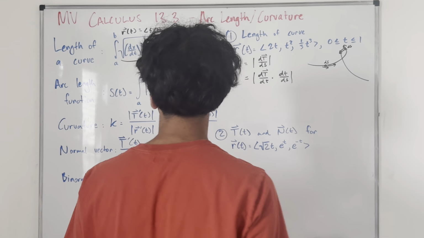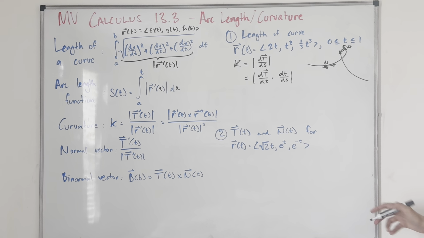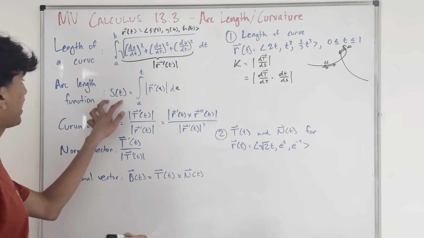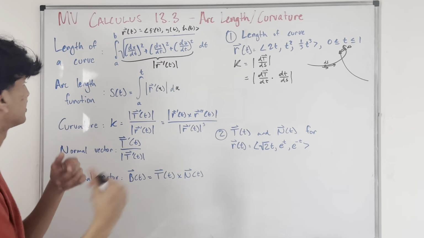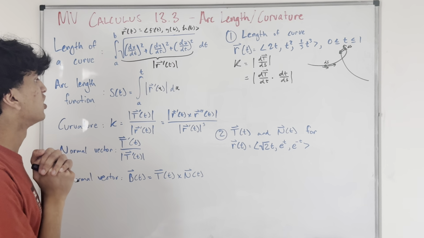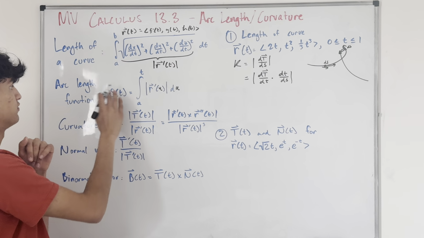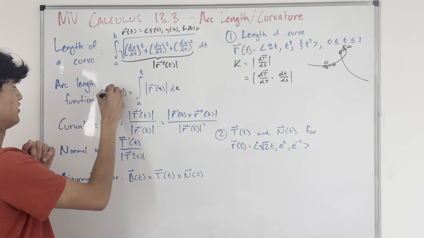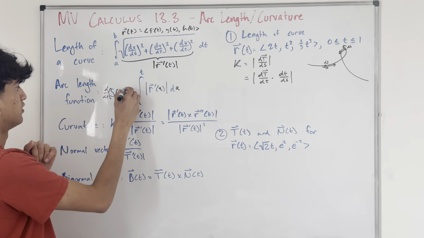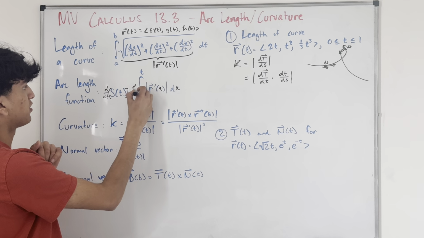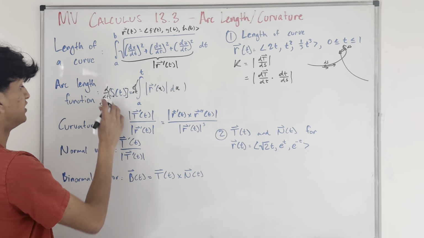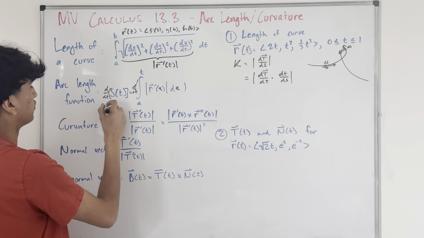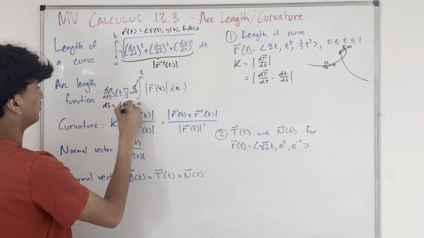Let's actually go over here, right? If this is s, our distance, or the arc length along that function, and I take the time derivative on both sides, by the fundamental theorem of calculus I get that ds/dt is really equal to the magnitude of the velocity vector, right?